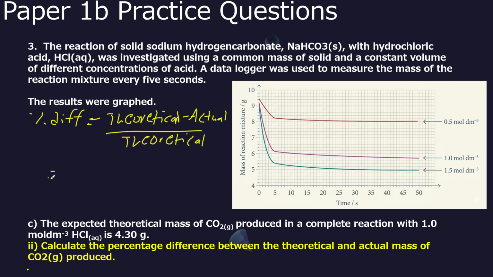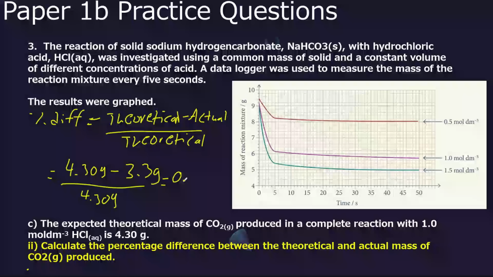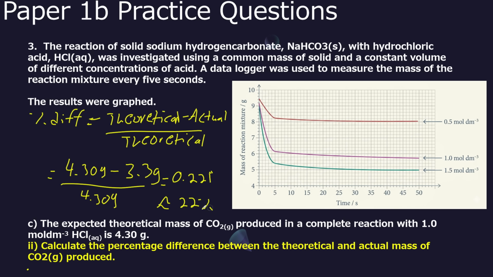So in this case, our theoretical was 4.3 grams. We'll subtract the 3.3 that I calculated from the graph, divided by 4.3. So this ends up being about 0.221, which is about 22%, I think we can say. 22% difference. And then that's done.